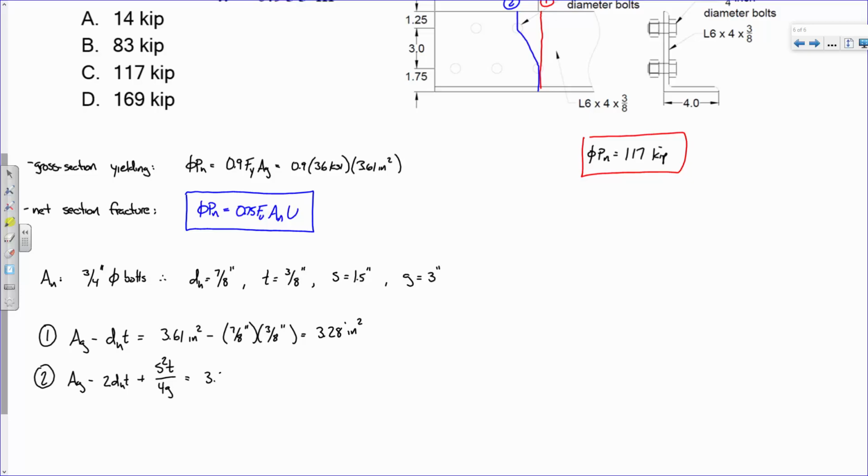So 3.61 square inches minus 2, plus, and so we have 1.5 squared times 3/8 over 4 times 3 inches.